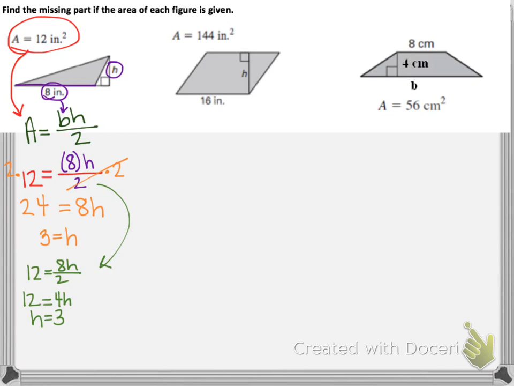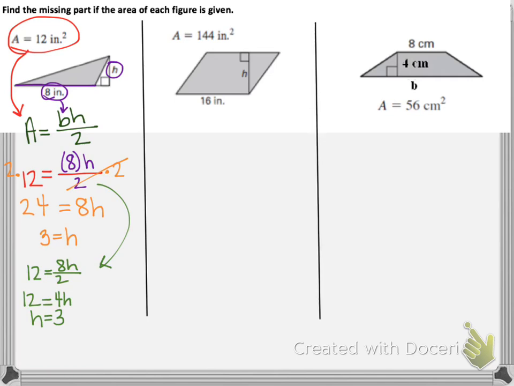Now let's look at this. Okay, I'm going to put a line here to keep myself organized. There we go. Okay, so this is a parallelogram. So I've got my area. Okay, so area of a parallelogram is base times height. So I'm going to take what I know, that area, put it in for A. Dang cats.